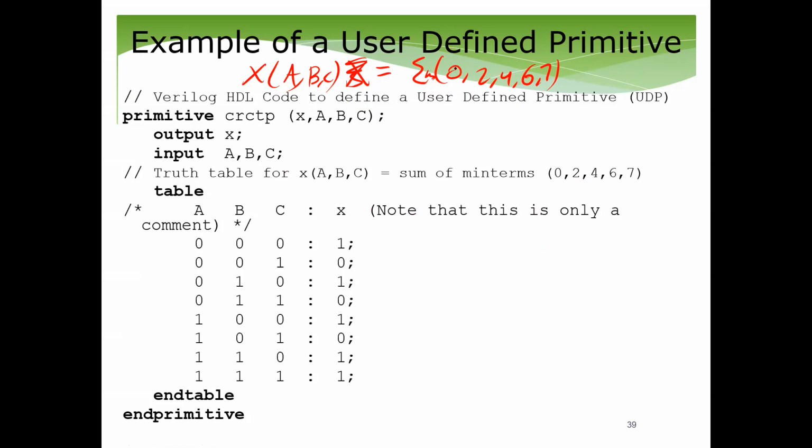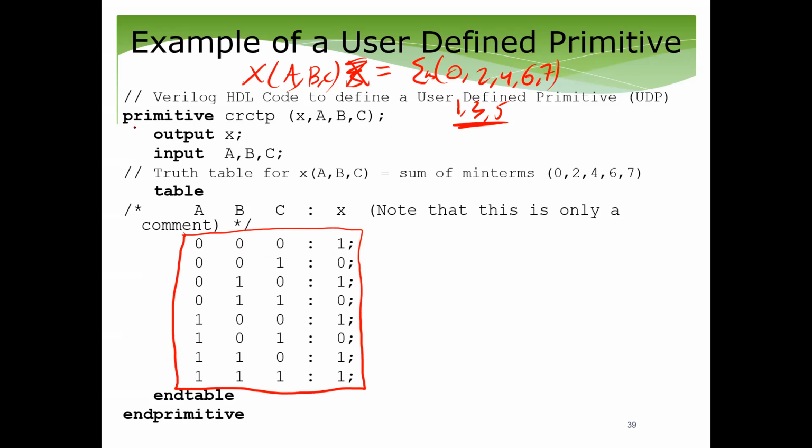Entry 0 will have output 1, entry 2 will have output 1, entry 4 will have output 1, entry 6 will have output 1, and entry 7 will have output 1. The remaining outputs اللي هي 1 3 5, these will have output 0. تمام. If you check the syntax here, this is exactly your truth table. You have here the value of the inputs, and here is the value of the output.